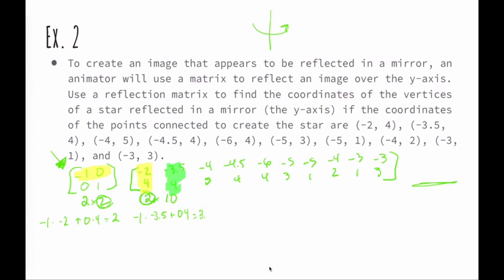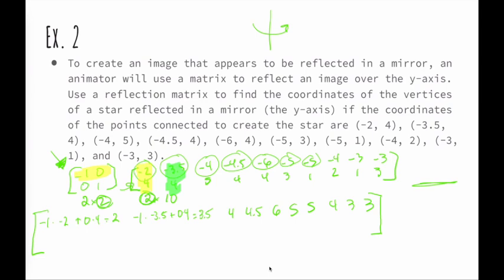And that's going to be a positive 3.5. Hopefully you start to notice a pattern. We're multiplying all of the x's by negative 1, and multiplying all the y's by 0, so that's not going to change anything. So the next one would be positive 4, then positive 4.5, positive 6, positive 5, 5, 4, 3, and 3. And that gives us the first row of the matrix.